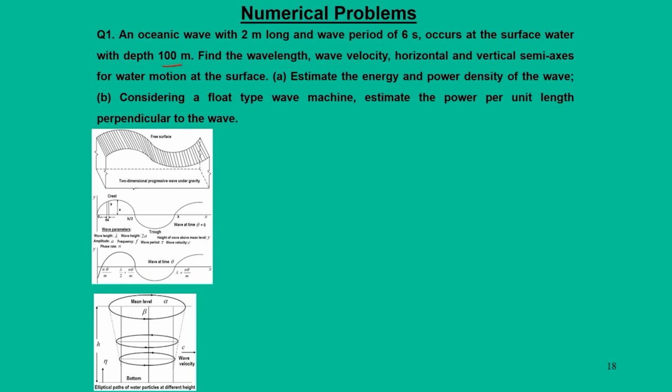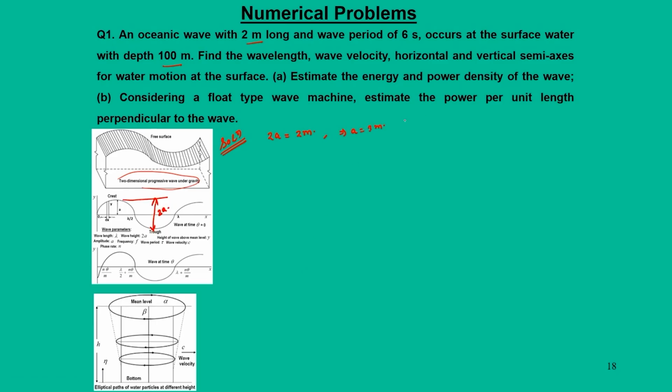Taking a particular 2-dimensional progressive wave, its height is 2 meters. So 2a is 2 meters, where 2a stands for the crest to trough distance. This gives a equal to 1 meter.